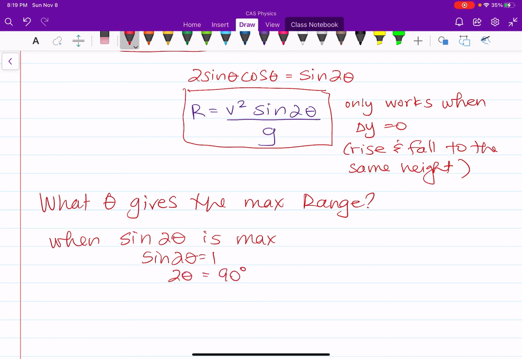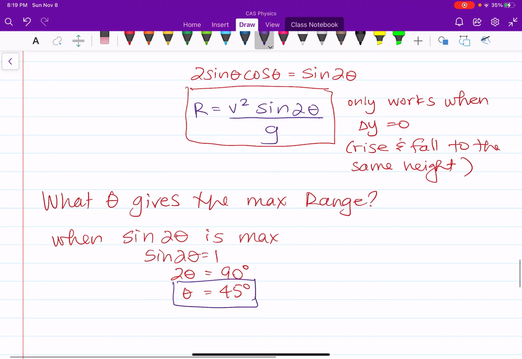Therefore, theta is going to equal 45 degrees. What we've just learned here is that when theta is 45 degrees, you get maximum range. So if a question says, what's the farthest it can go, you always set the angle to 45 degrees.